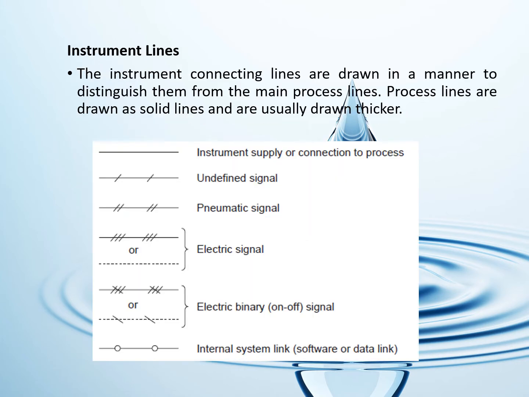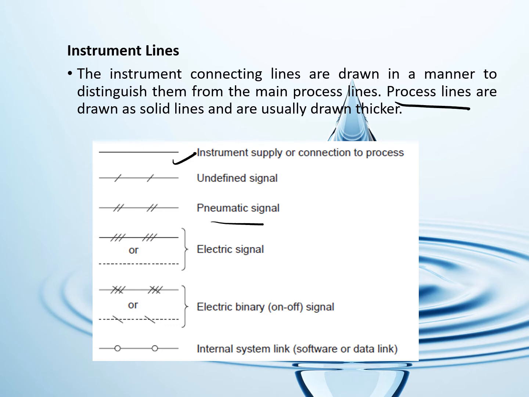Okay, these are a few types of instrument line. Basically, the solid line that we normally use inside the P&ID refers to the process line. If your control valve uses instrument air like I mentioned before, you need to use a pneumatic signal.